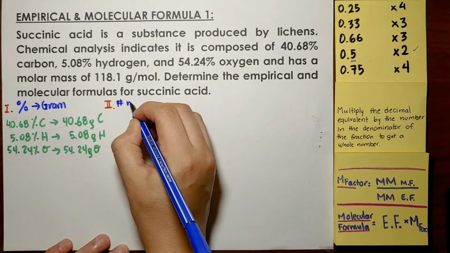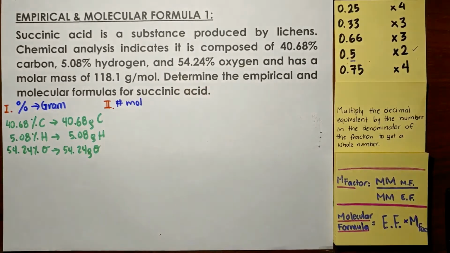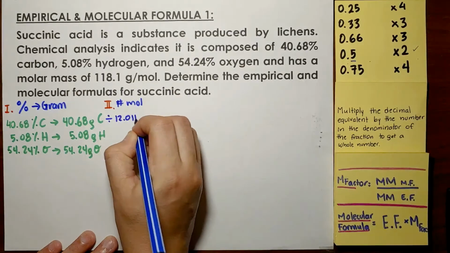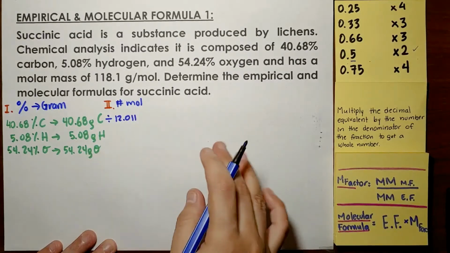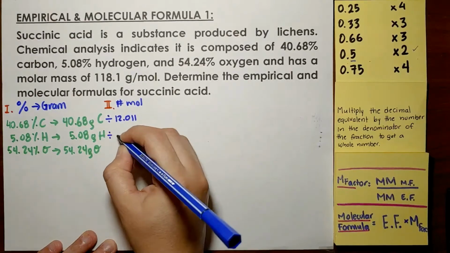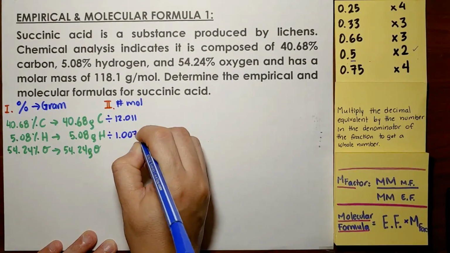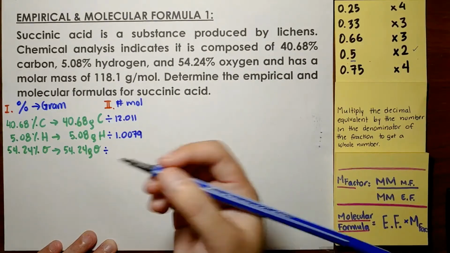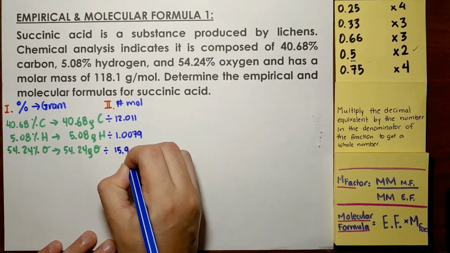Number of moles. How can I get the number of moles? By dividing by the atomic mass, or the molar mass, of the individual elements. So this will be carbon divided by 12.011. It's the same process that we did before. Hydrogen will be divided by 1.0079, and oxygen will be divided by 15.999.